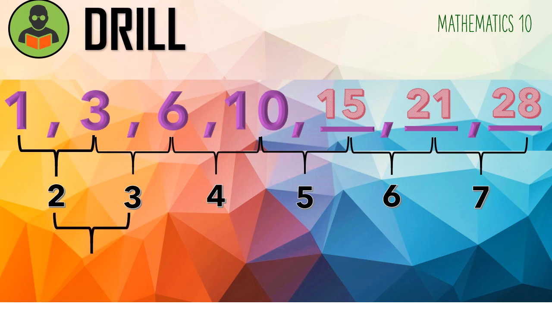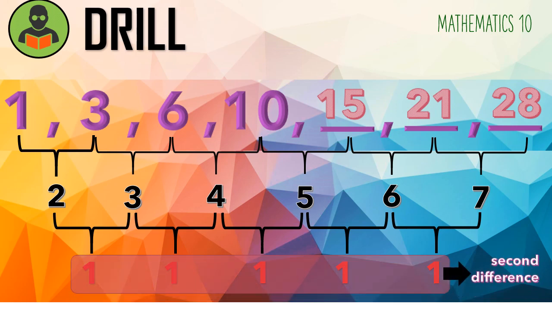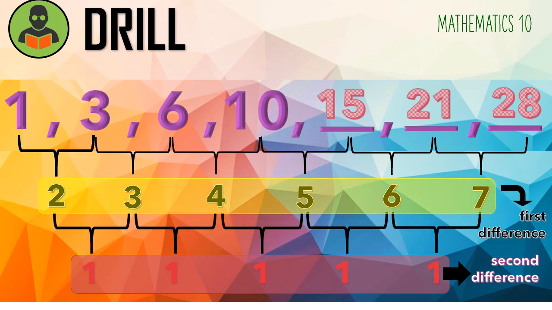But if we get the difference again of the first differences, we'll have the same difference already. And this is what we call our second difference. And the 2, 3, 4, 5, 6, 7 is termed the first difference.